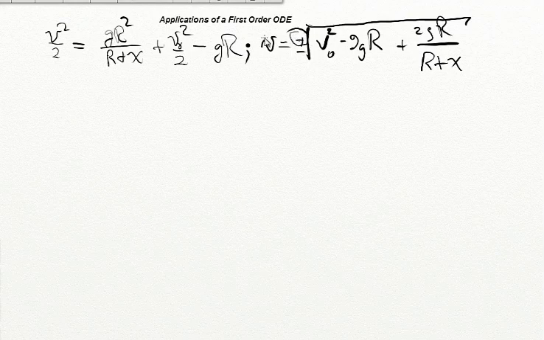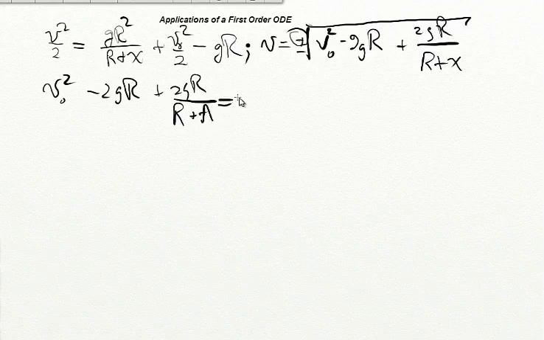Okay, so the question next was, what's the maximum altitude? Maximum altitude will occur when the velocity decreases to 0. So if we set this equal to 0, and square, we get the equation v0 squared minus 2gr plus 2gr divided by (r plus a) equals 0.